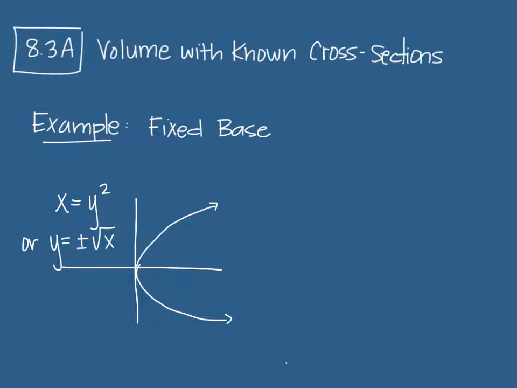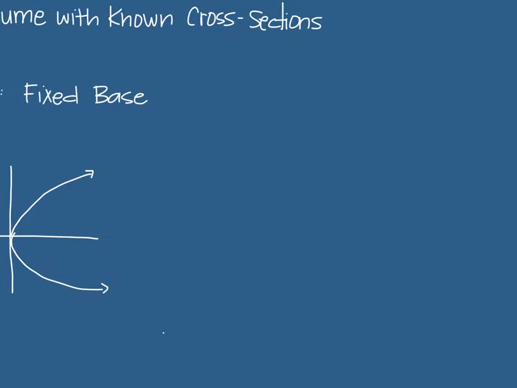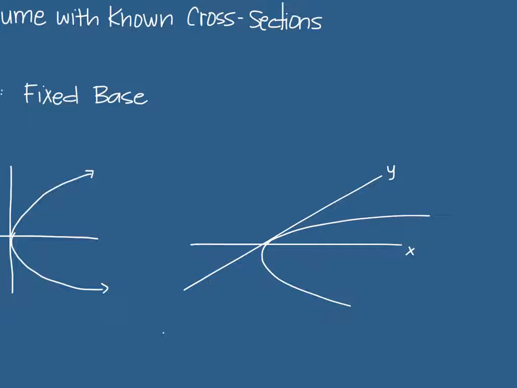What we want to do now is take that same parabola and try and draw it in perspective as if it is lying down. So here's still our x-axis, here's our y-axis, so now the parabola looks like that. So we're trying to lie that flat.